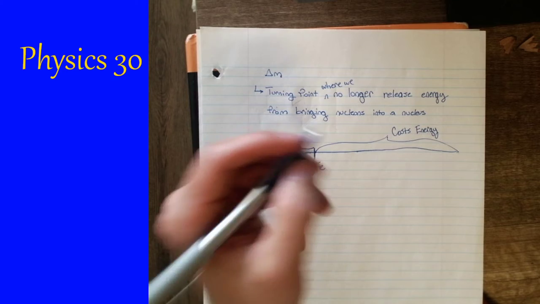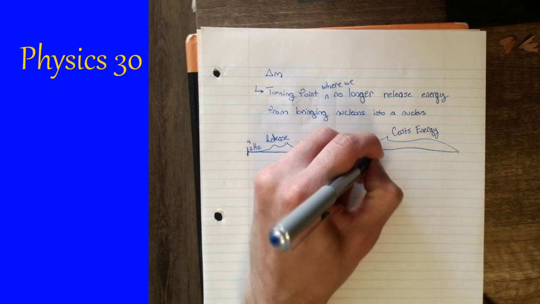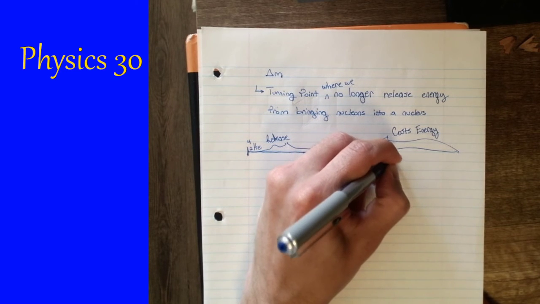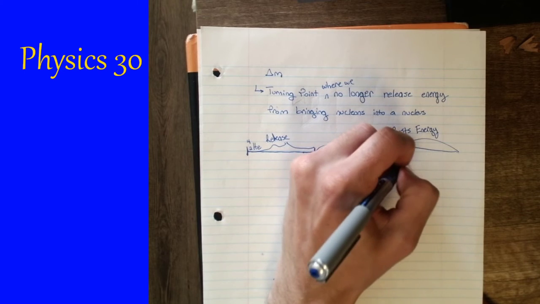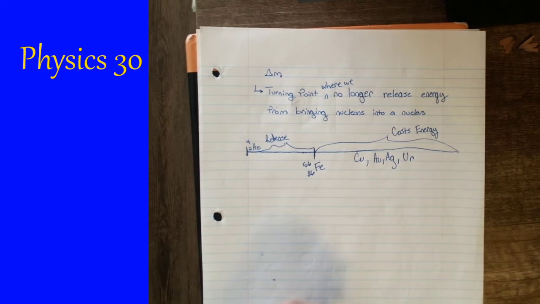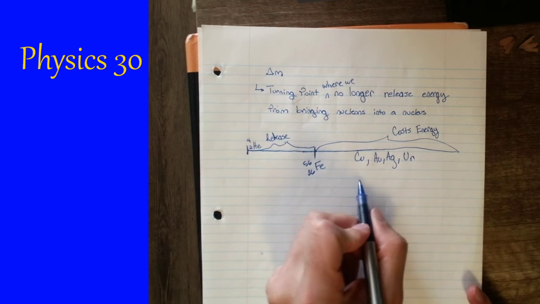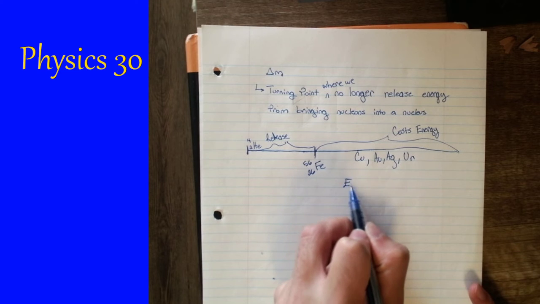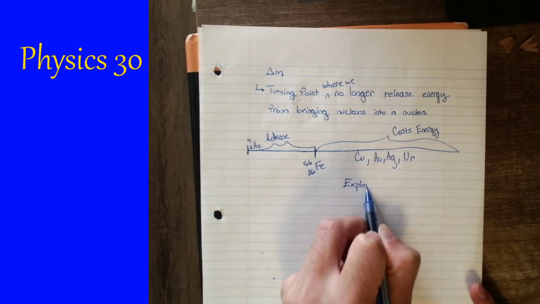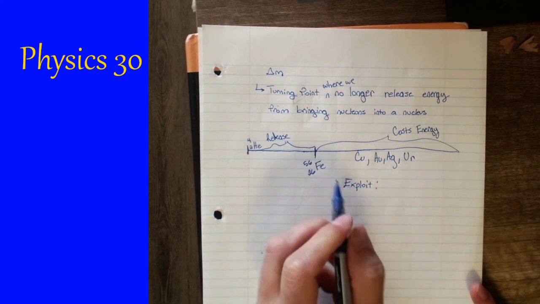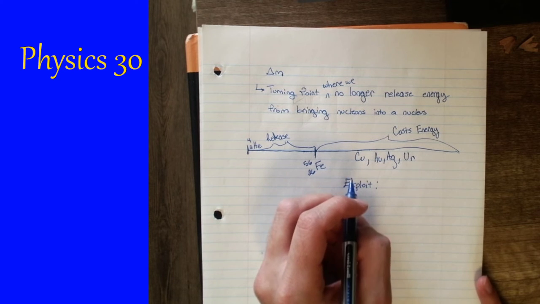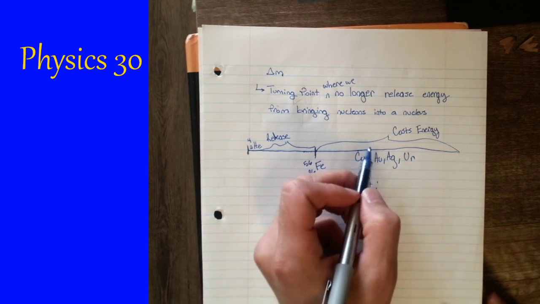and just have a little bit more here, which is, all of these things, copper and gold and silver and uranium, they all cost energy. And when we talk about physics, can we exploit this? And it turns out that we do exploit this. This costs energy to put together.